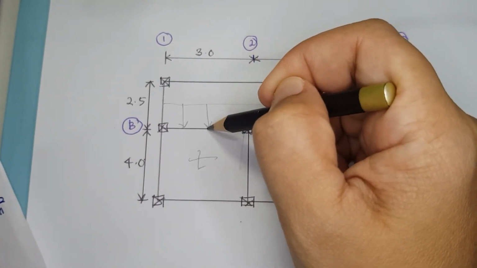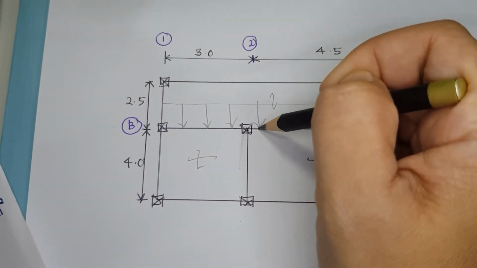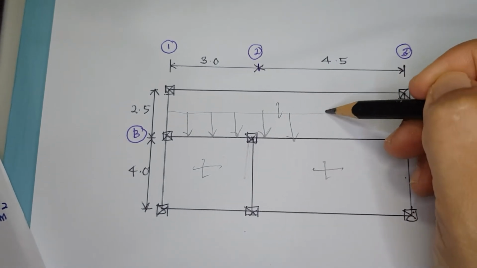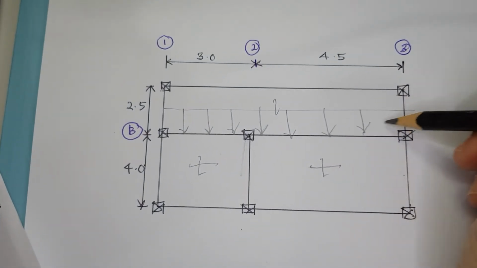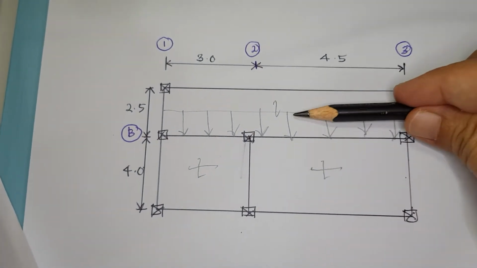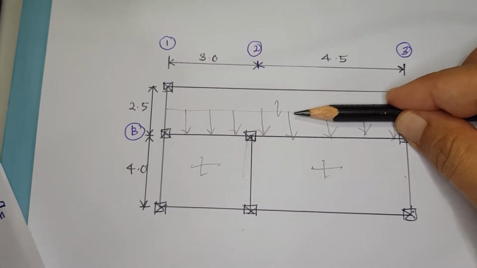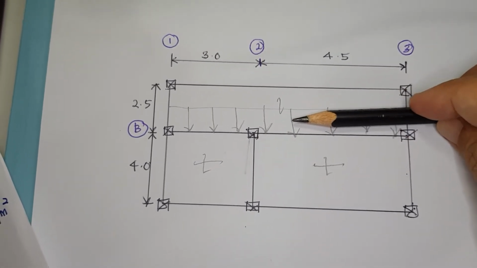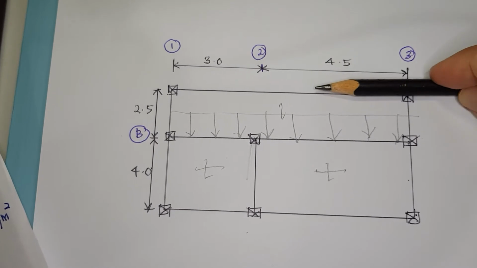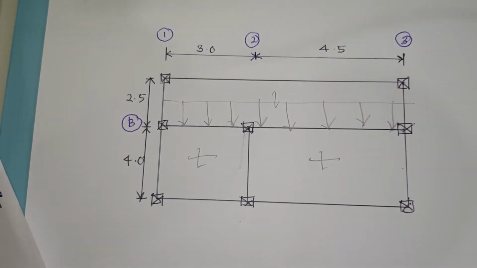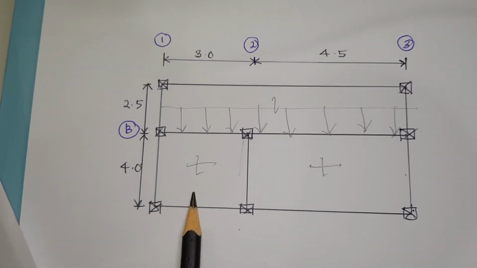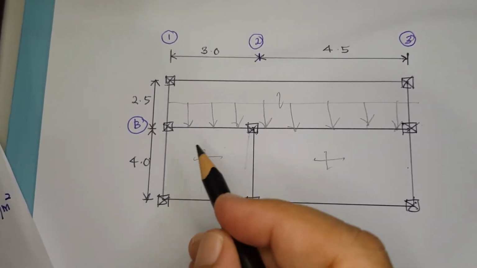So half load goes to beam B1, 3, and another half load from this slab is distributed to beam A1, 3. Meanwhile, for slab number 2, this is slab number 2.